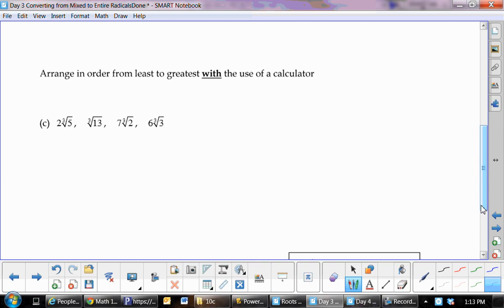Okay, now arrange them with your calculator. Okay, that's just too easy. Does everyone know how to put cube roots in their calculator? So let's get the answer to this one. You're going to put 2, then math, 4, and then you'll put 5.